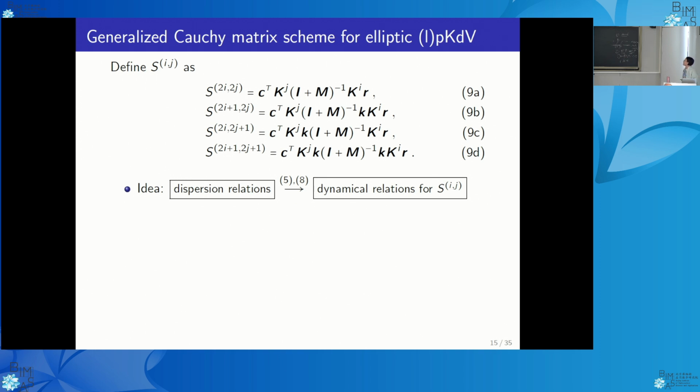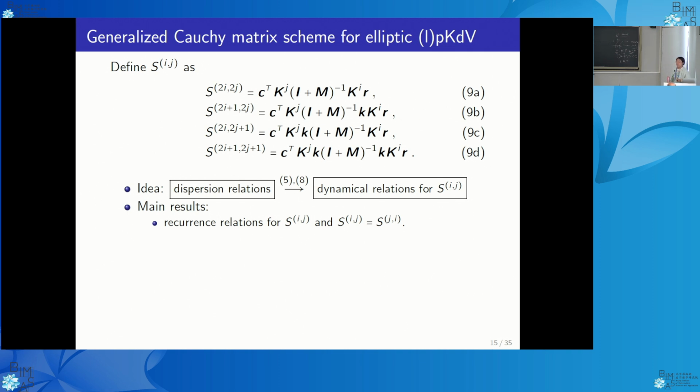Also, we define the master functions Sij by 4 parts, and the main idea is similar to the KP case. The main results are first the symmetry property of Sij.